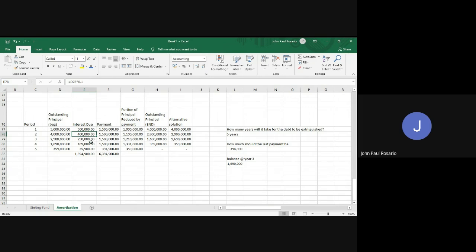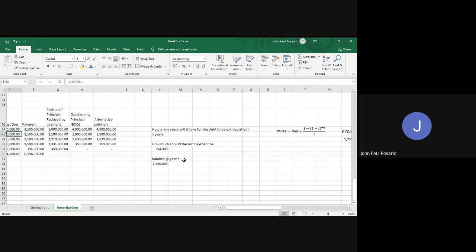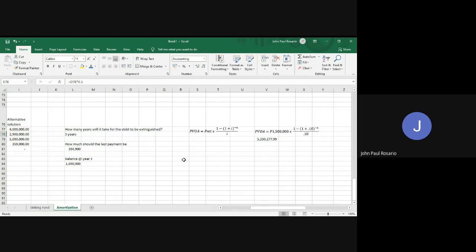Tama naman po. Tama naman siya. So, 500. Tama, no?